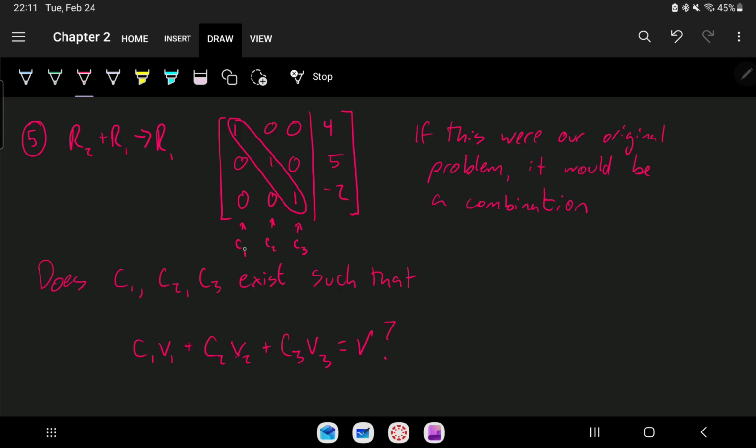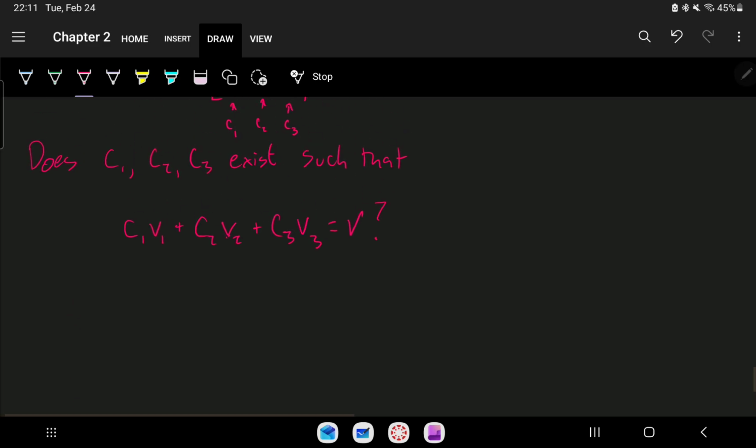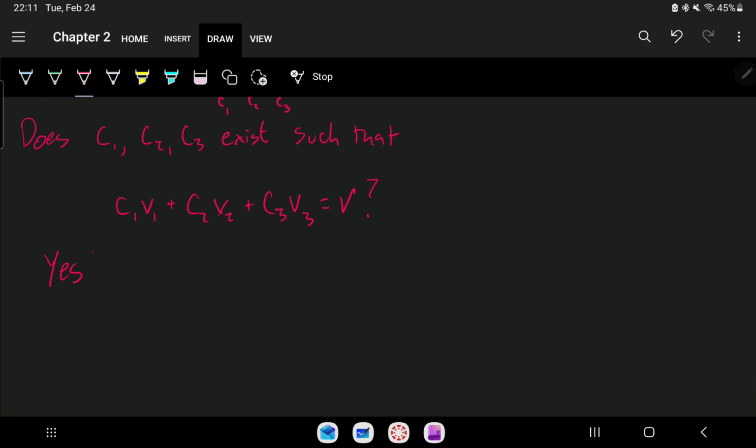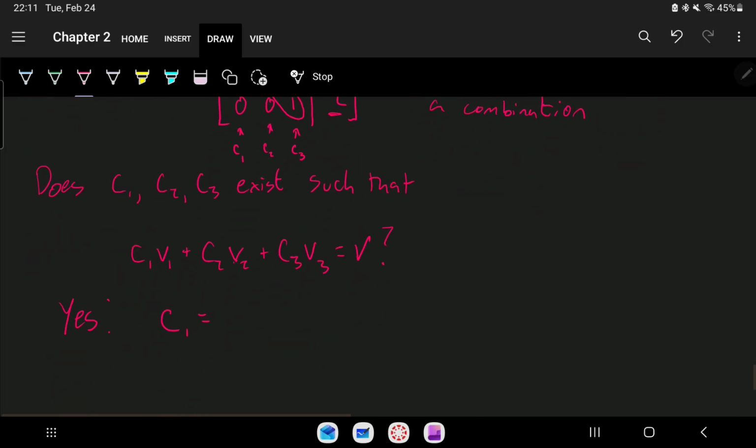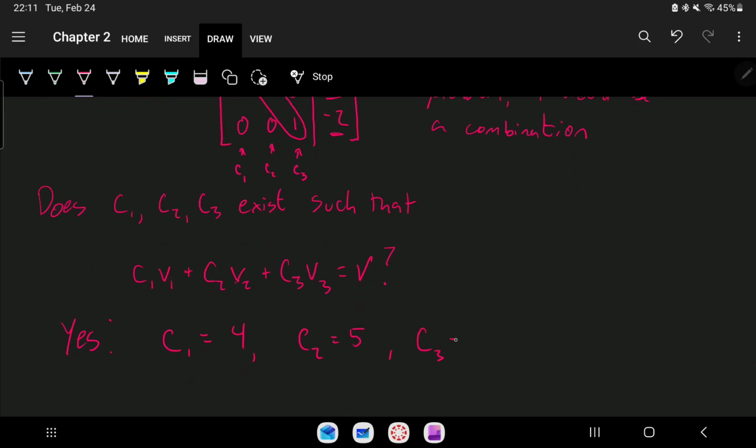Well, when C1 equals 1 and everything else is 0, then this is 4, C2 is 5, and C3 is negative 2. So in this case, sorry about that, we can list our answer. C1 equals 4, C2 equals 5, and C3 equals negative 2.